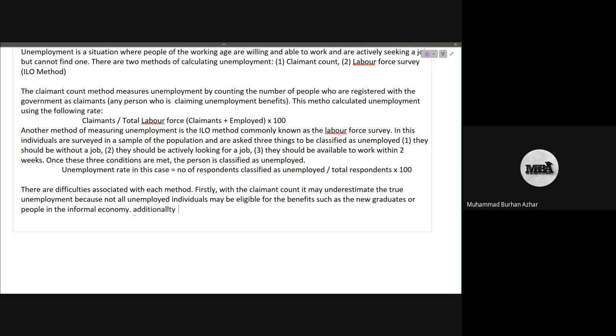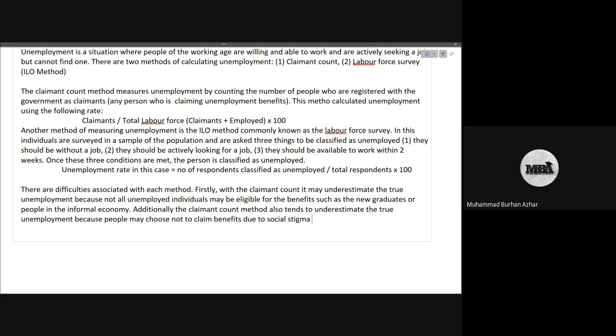Additionally, the claimant count method also tends to underestimate the true unemployment because people may choose not to claim benefits due to social stigma or complex government procedures, which in economics or in business terms we call red tapeism.